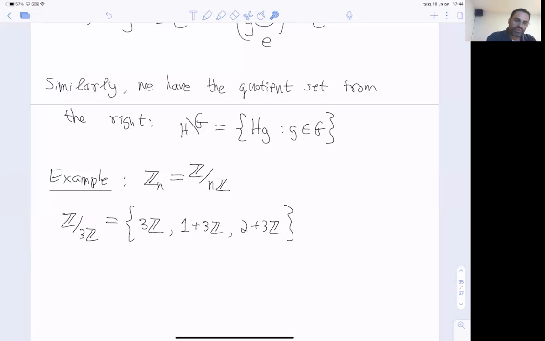So this is how we should have defined this group in the beginning, but we didn't want to enter this notion at this early stage. This is how we define Zn. It's the group of remainders, or if you think of it, the group of shifts. This is one example.